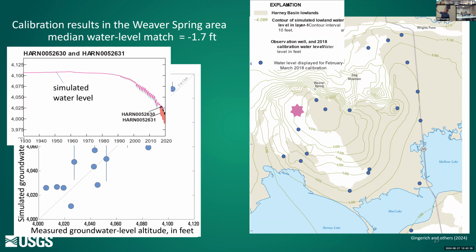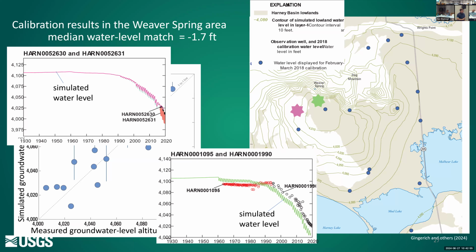And you can see starting about the 90s or 2000s, as pumping ramped up, the simulated water level starts to decline and ends up matching really well with what we measured starting in 2015. So that's just an example of probably the toughest place to match, the Weaver Spring area. And I've got another nearby example.